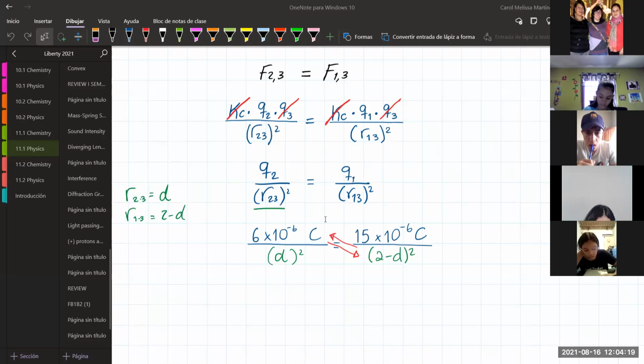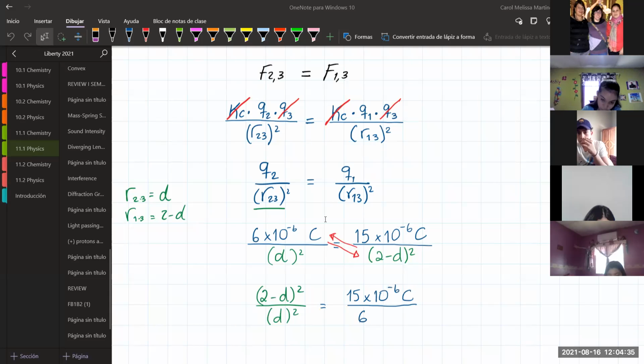So you will have 2 minus d squared divided by d squared is going to be equal to 15 times 10 to the negative 6 coulombs divided by 6 times 10 to the negative 6 coulombs. Okay?